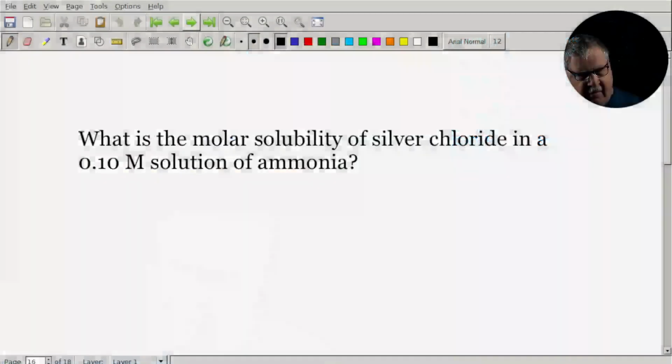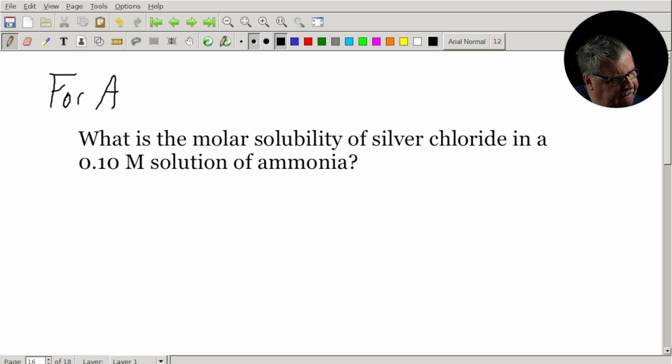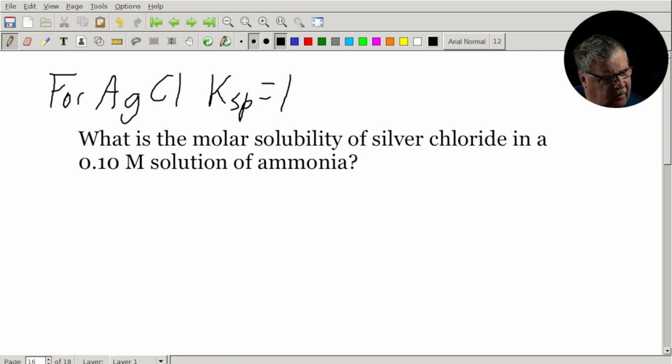So let's write those two values down before I forget them. All right, so what we have are two things. The first one is for silver chloride, the KSP value is 1.8 times 10 to the negative 10th. All right, the second thing we want is this.